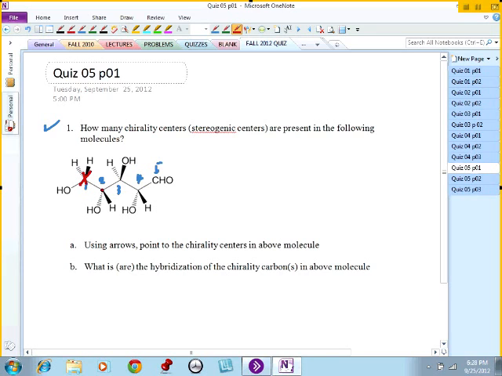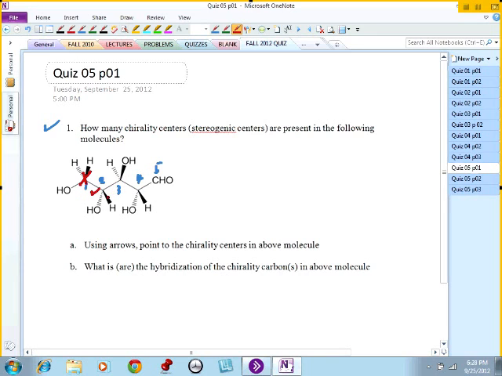Therefore, carbon number 2 is a chirality center because it is attached to 4 different groups, or in this case, maybe 4 different atoms. The groups are hydrogen, hydroxy, this group right here, carbon attached to hydroxy, which is in turn attached to 2 other hydrogen atoms, and then also this carbon here. So carbon number 2 is a chirality center.